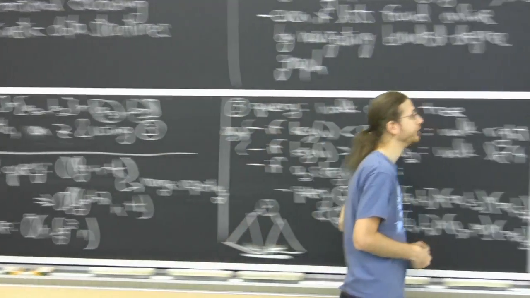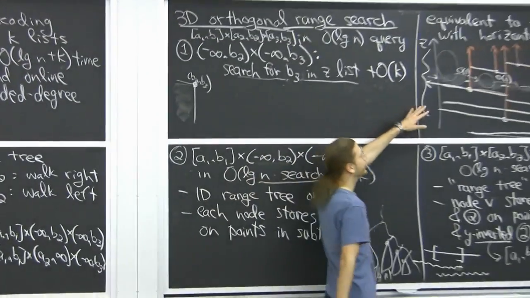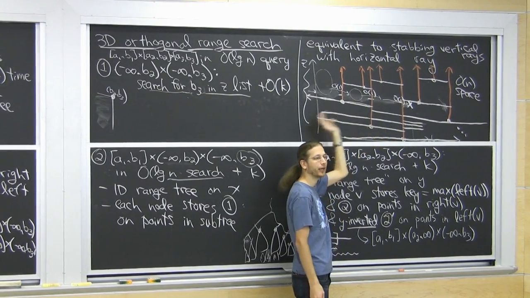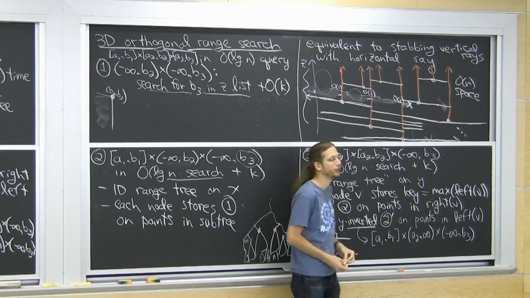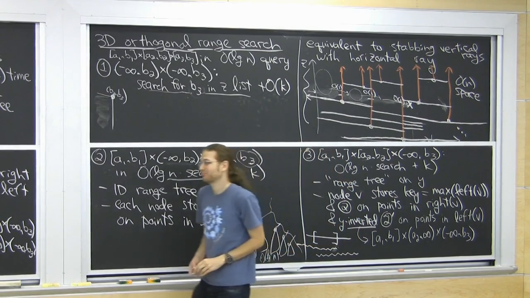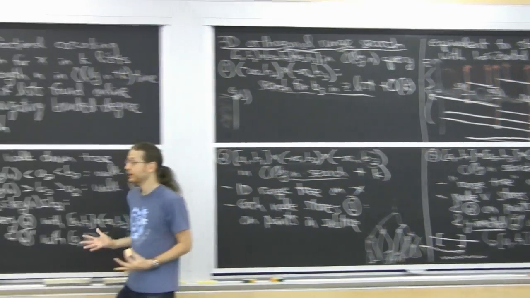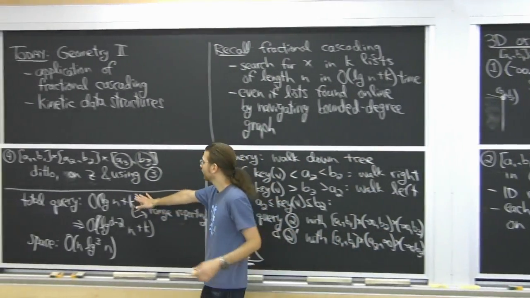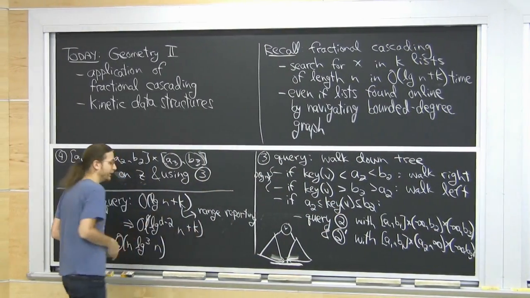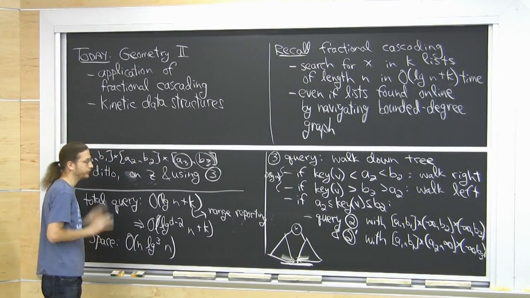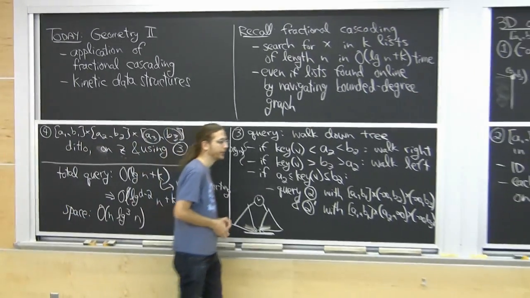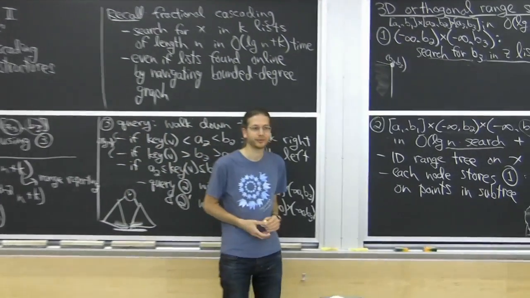In particular, our seed data structure up here had to pay for everything. It doesn't know how many times it's going to have to walk to the right; it's got to actually do it. So range counting, not so much. Our previous data structures could do range counting without the plus k, just paying log to the d minus 1. But this is just for range reporting. Good question.